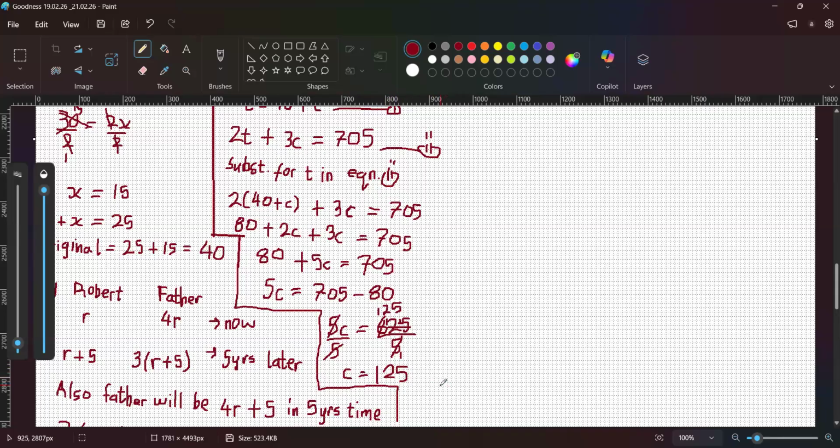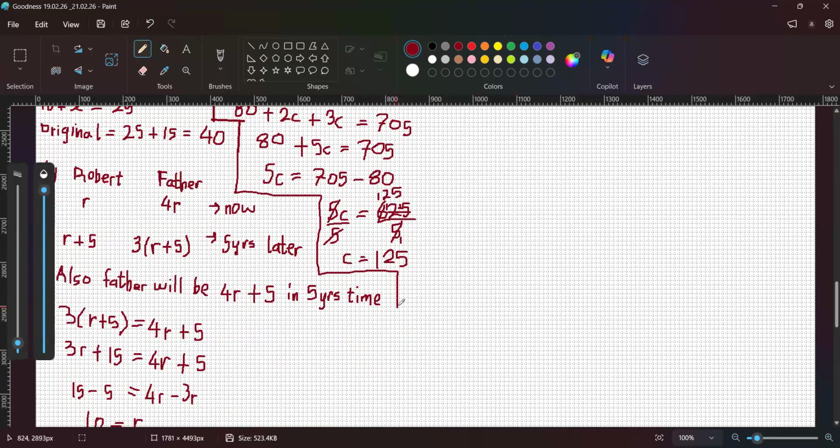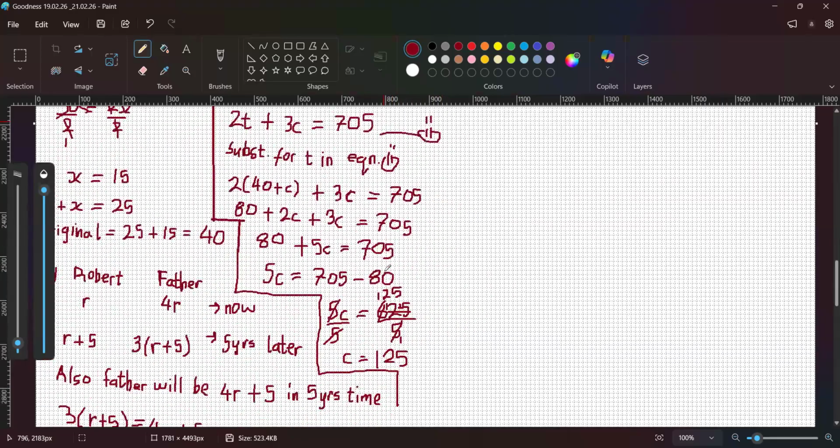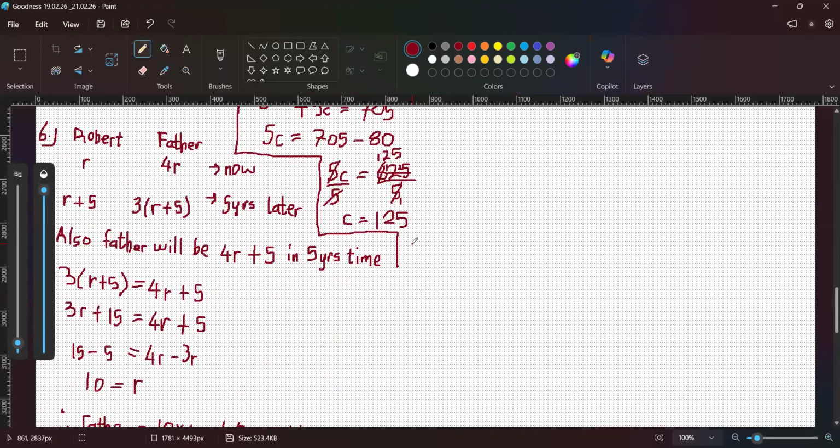So, for us to get C, what are we going to do? We substitute in equation 1, isn't it? Yes, sir. Equation 1 tells me what C is, so that I'm just adding 40 to it.